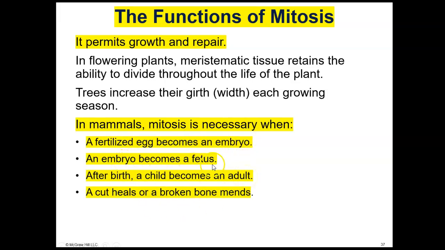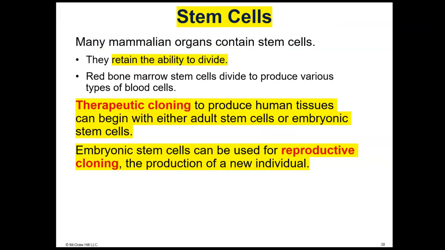When the embryo grows into a fetus, when the child grows into an adult, during all those times, cells are having to divide so that the human can get larger. And also during repair, when a cut heals or a broken bone mends, new cells have to be produced to help the individual heal.